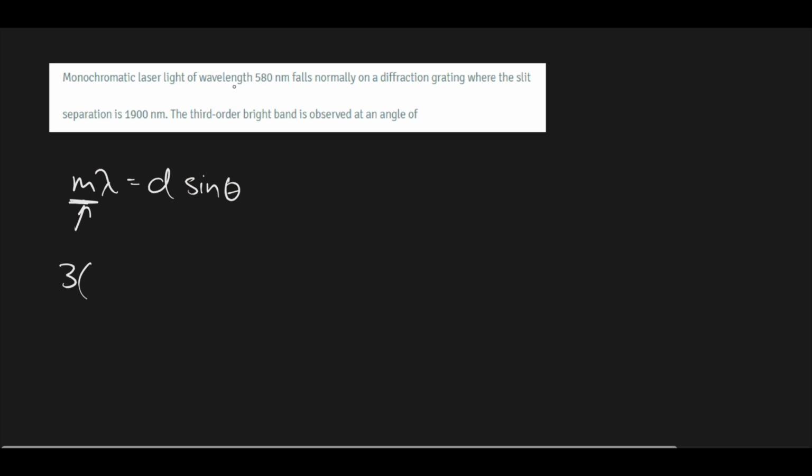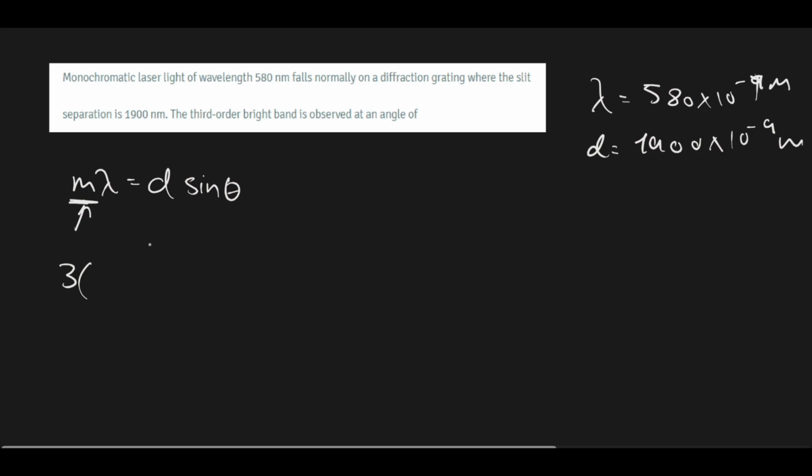It tells you here that the wavelength is 580, so lambda is equal to 580 times 10 to the power of negative 9, and then we have the separation, which is d, and d is equal to 1900 times 10 to the power of negative 9, all of them of course in meters.